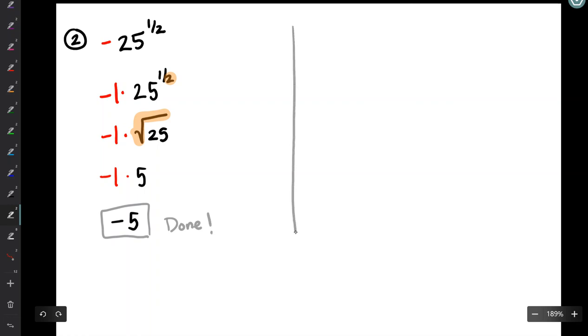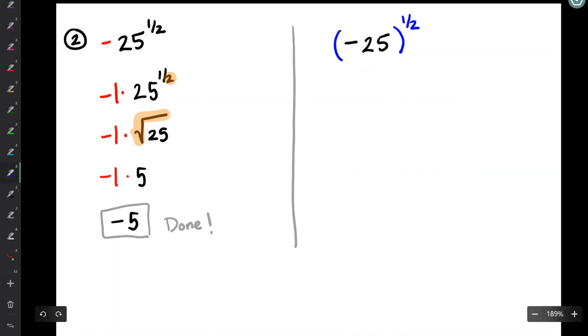Now notice that that's different than -25 all to the 1/2 power. When I have the parentheses there, it's telling me that this whole thing is the base, and my exponent is the 1/2 power.